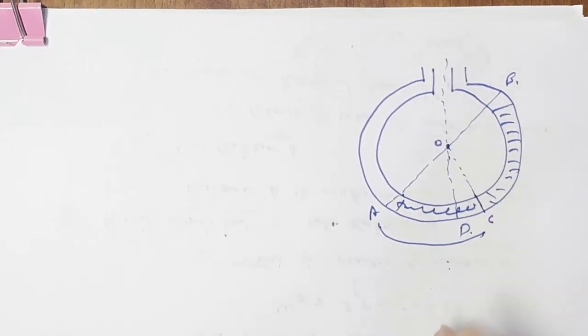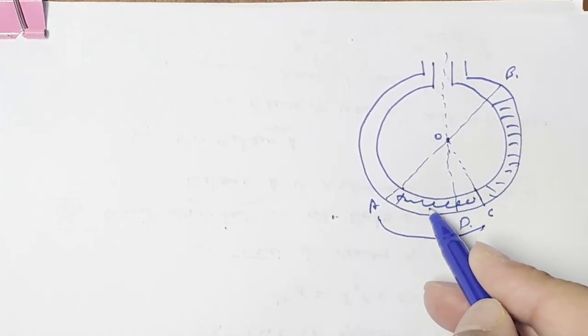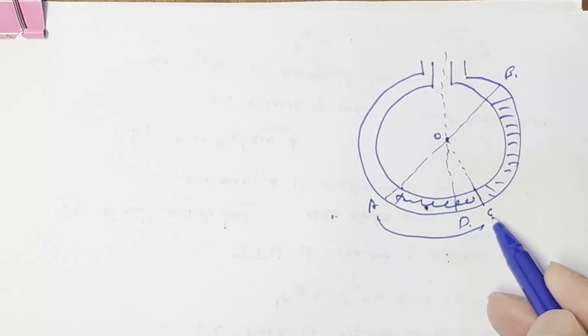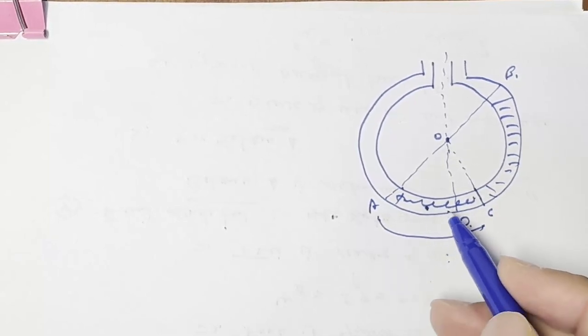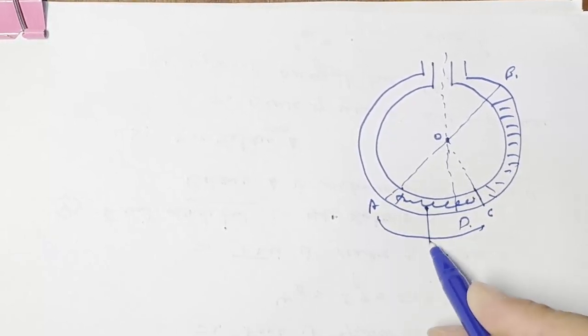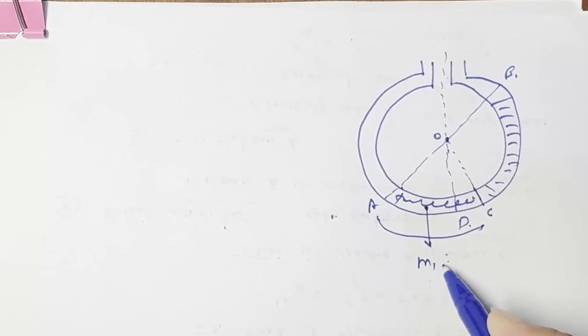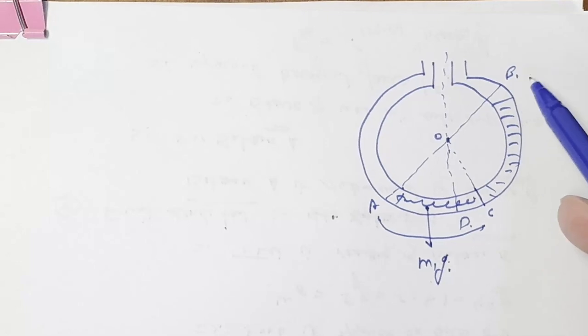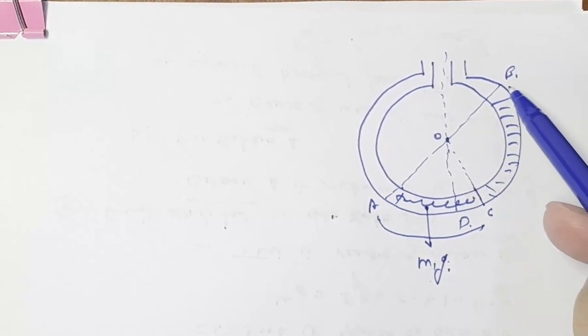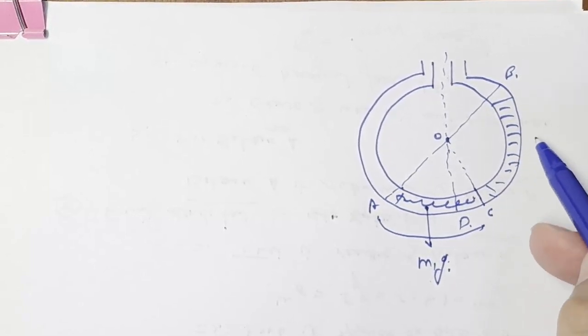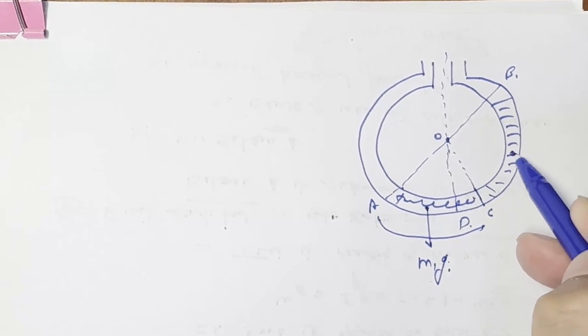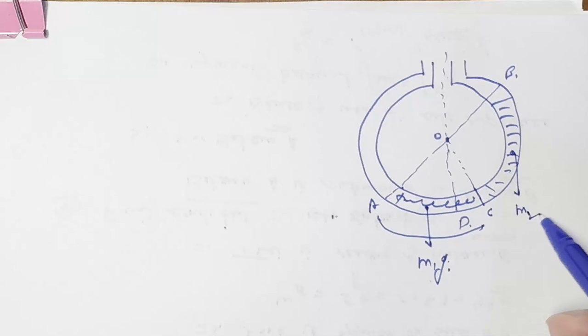So for this entire section, we assume that somewhere here the center of mass for this entire liquid lies. Let us suppose that is given as M1G, and for this entire section of this BC, the center of mass lies somewhere here, and that is given as M2G.